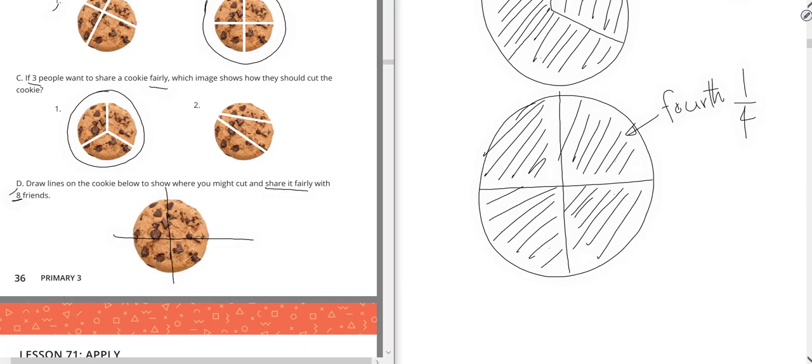How many parts? 1, 2, 3, 4. Then we cut it from here. Now, how many parts do we have? 1, 2, 3, 4, 5, 6, 7, 8. Now we have 8 pieces.